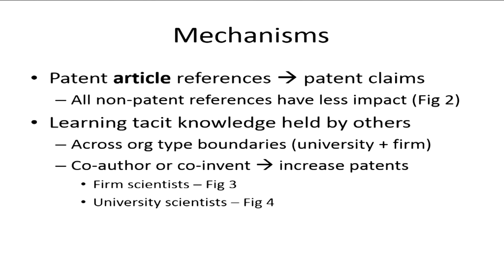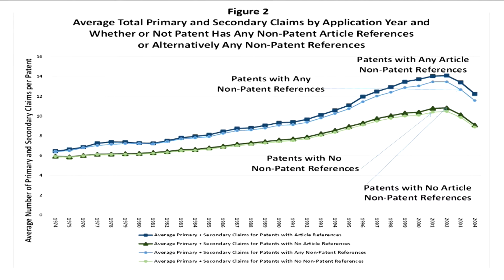So in figure 2, we can see that patents with any non-patent references and patents with any article non-patent references are both at the top, and at the bottom, with very faint lines that are hard to read on this slide, unfortunately, patents with no non-patent references or patents with no article non-patent references.